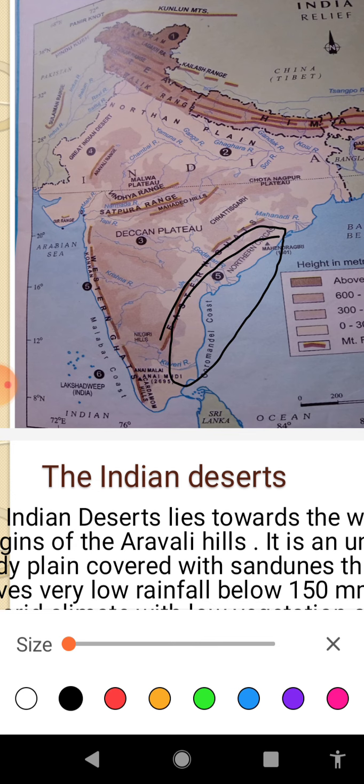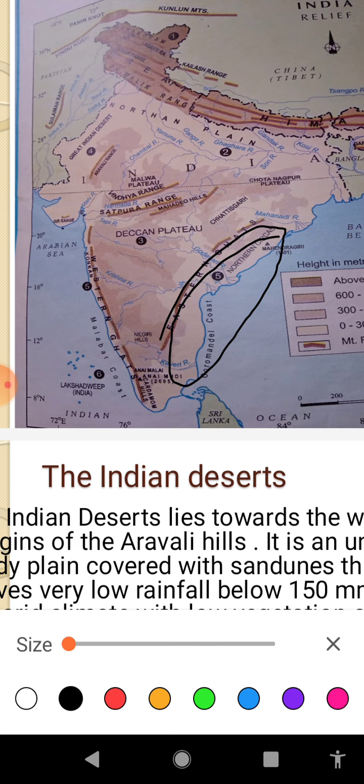If you are asked to define the Eastern Coastal Plain, in a very simple sentence we can say, a narrow stretch of lowland in between the Eastern Ghat and the Bay of Bengal is known as the Eastern Coastal Plain.